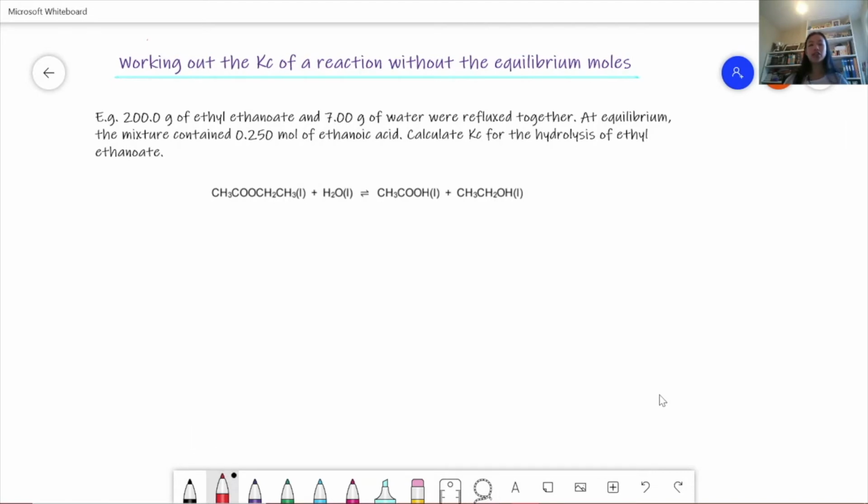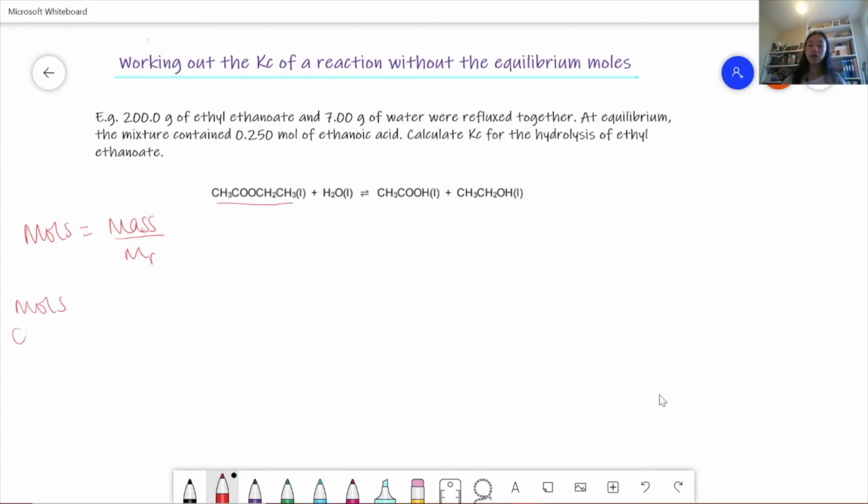So the first thing I'm going to do is work out the original moles of ethyl ethanoate and water. So we have the equation moles equals mass over Mr. So we can work out the moles of this.